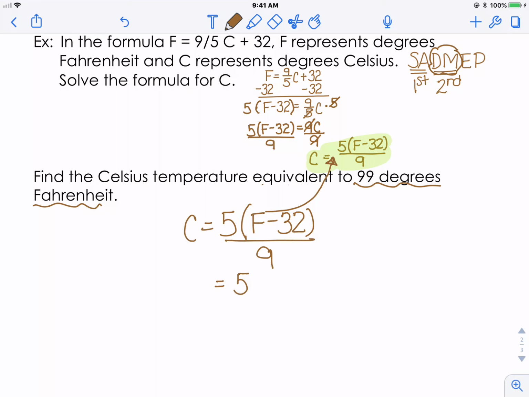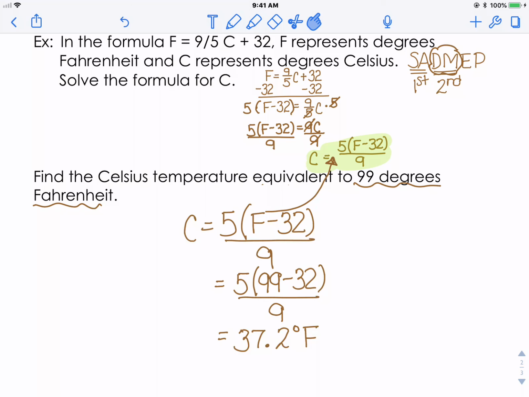So it's going to be 5 times the Fahrenheit temperature that I'm interested in inputting, 99 minus 32, divided by 9. And that equals a Celsius temperature that you're going to have to round a little bit, of around 37.2 degrees Celsius. So a nice hot day when you're traveling in another country that uses Celsius will be a 37.2 degree day.